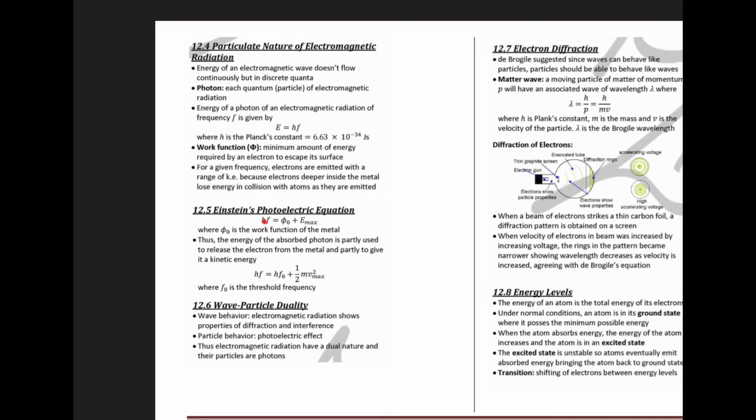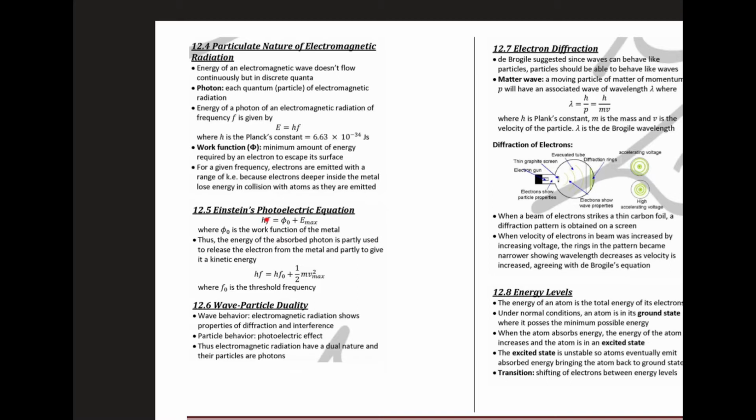That represents the energy of photon, energy of the UV, for example. This part is the energy of the electrons. Energy of the electrons is on the right. Energy of the UV light is on the left.